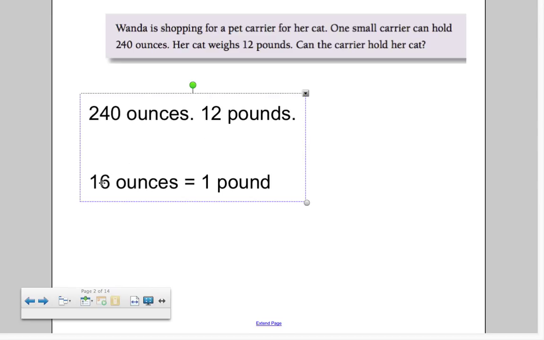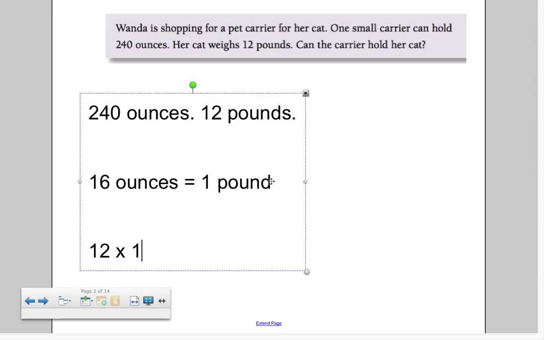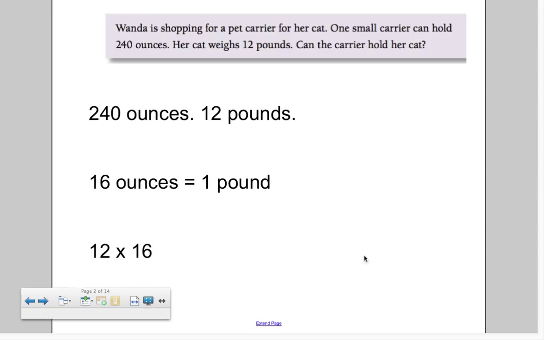You're doing that because every pound has 16 ounces. If it was 2 pounds, it'd be 16 times 2. If it was 3 pounds, it'd be 16 times 3. But it's not. The cat weighs a lot more. It's actually 12 pounds. 12 pounds times 16 ounces.